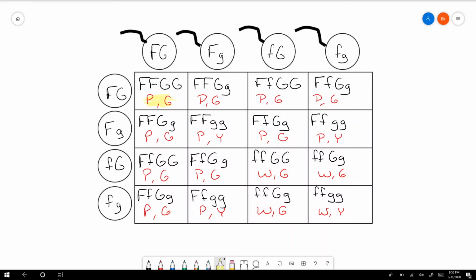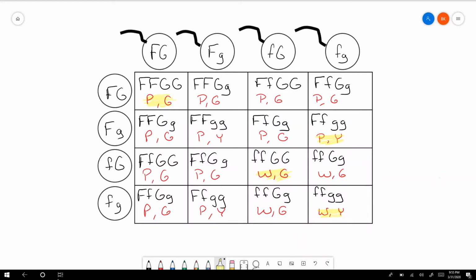It means that we know two things. We know that this plant will have both purple flowers and green pods. So when we're doing the phenotype, we're going to look at both phenotypes. We can come down to here and see a different one. This one is purple flowers with yellow pods. Down here you see a white flower with green pods, and down here you see a white flower with yellow pods.